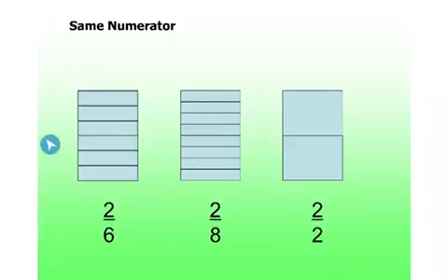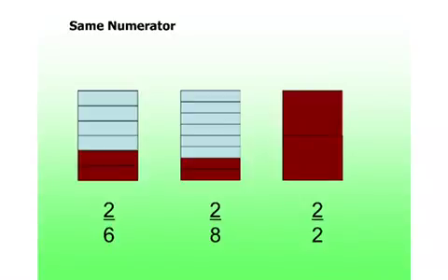So here's how it would look before anything is shaded in. Right? This one's broken down into 6 parts. This one's broken down into 8 parts. And this one is broken down into 2. Now, if we shade those in, 2/6, 2/8, and 2/2, which equals a whole.